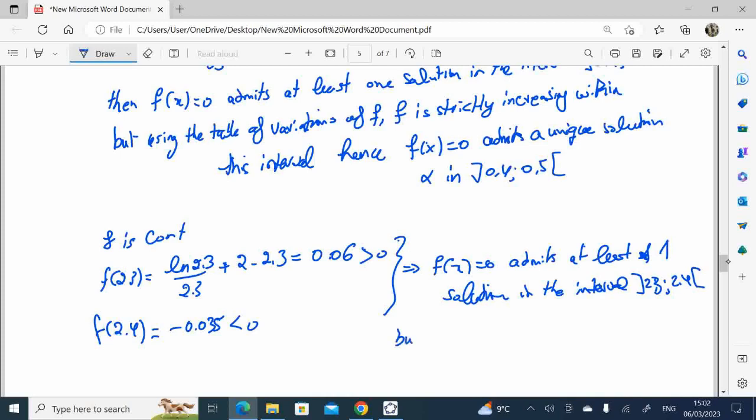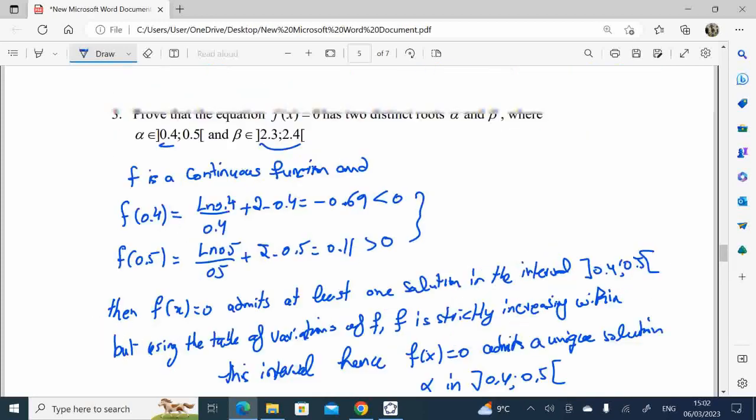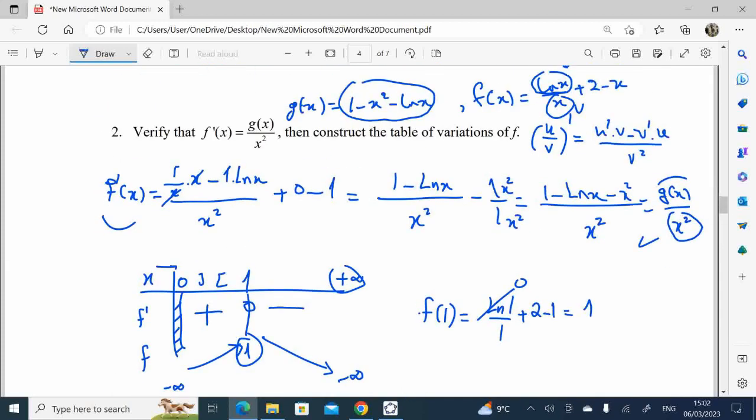But let me check here: the interval 2.3, 2.4 is here. So within this interval it's strictly decreasing.